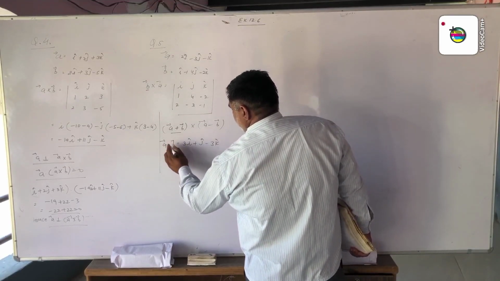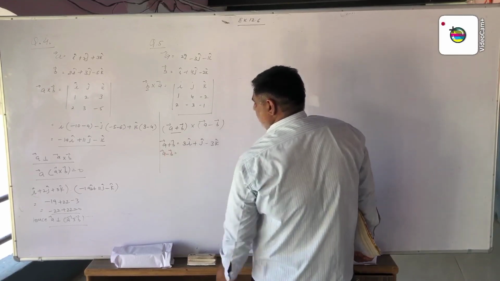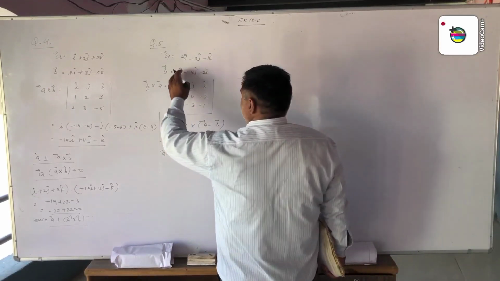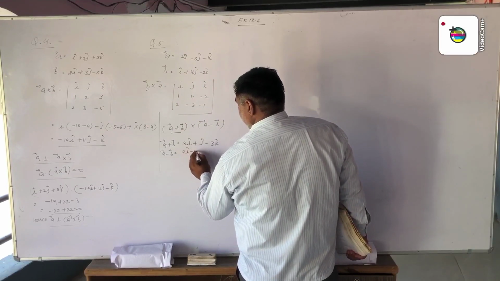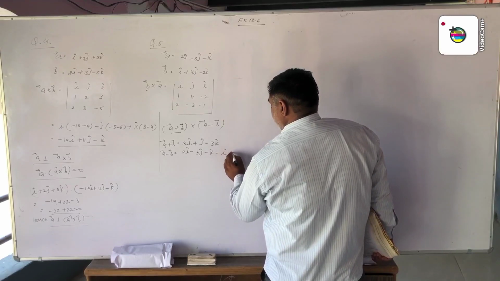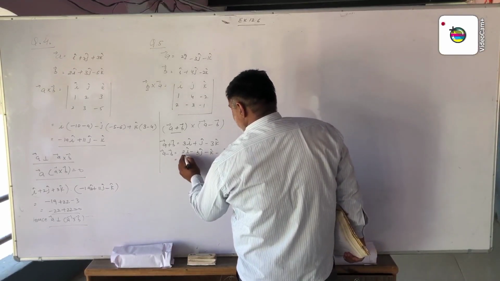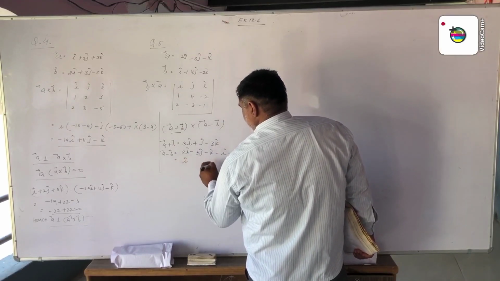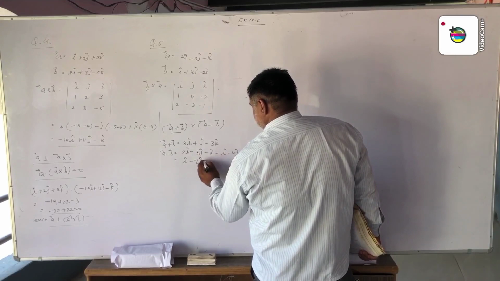This is A plus B. Vector A minus B: we take vector A as 2I minus 3J minus K, minus I minus 4J plus 2K. Now we solve this. 2I minus I, minus 3 minus 4 is minus 7J, and this is K.